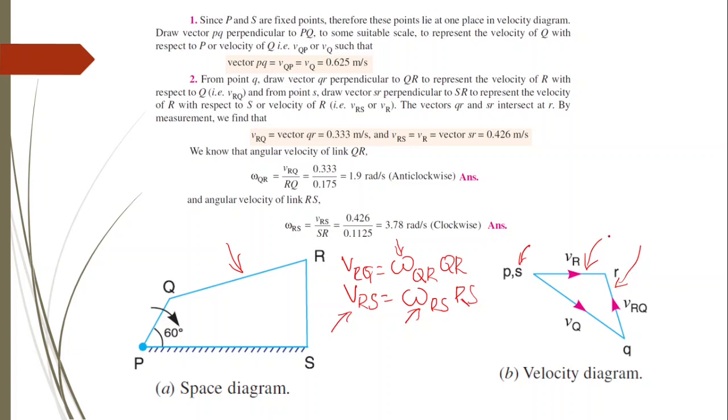Then small letter qr into scale will become the velocity of R with respect to Q. Similarly, the length of SR into scale will become the velocity of R with respect to S. Since point S is at rest, the velocity of R with respect to S is the absolute velocity of R. Then Vr is equal to small letter sr into scale.